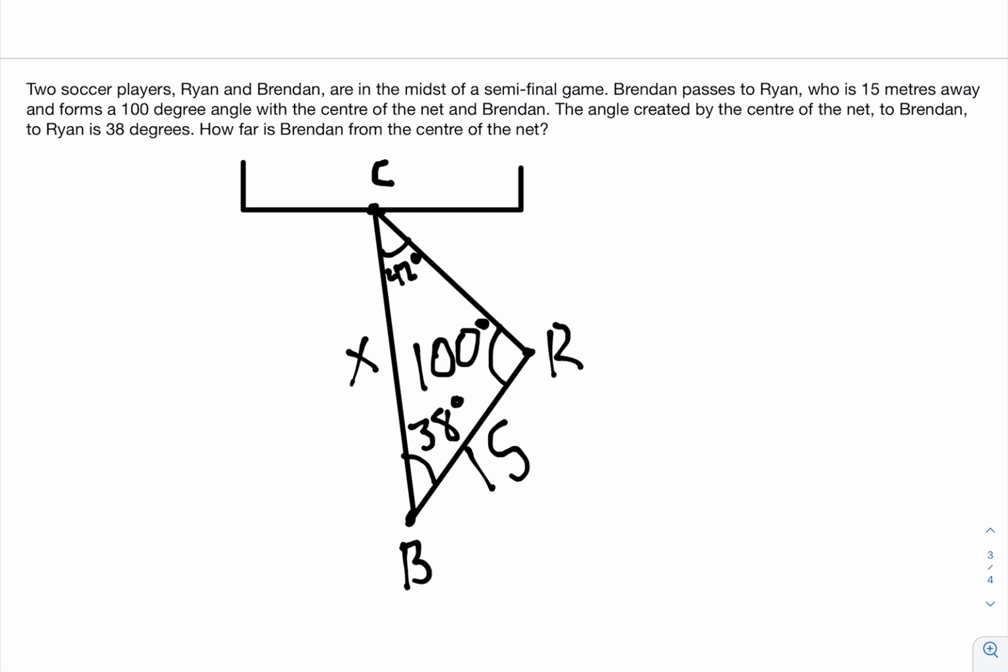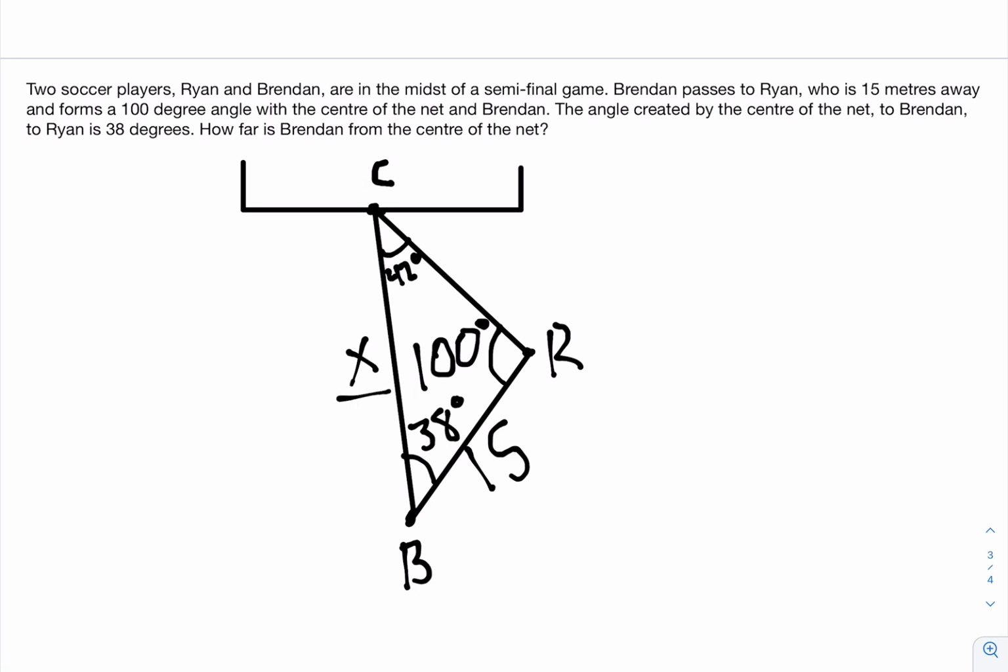So we're trying to find this distance x. Okay, we have the opposite side to x, or the opposite angle, which is 100 degrees. Okay, and we have this 15 here and this 42 now. So since we have one full pair and one piece of information from another pair, we can also use the sine law on this one.